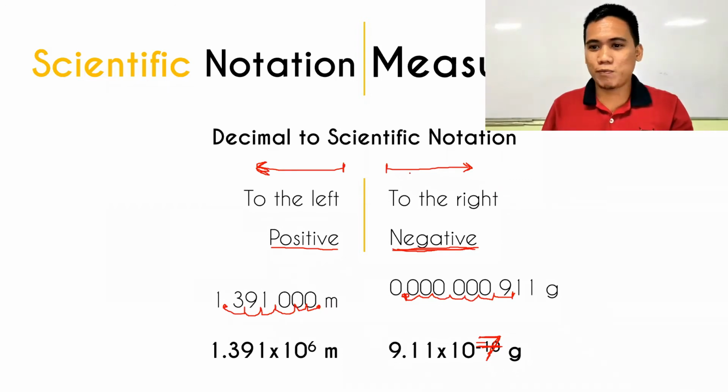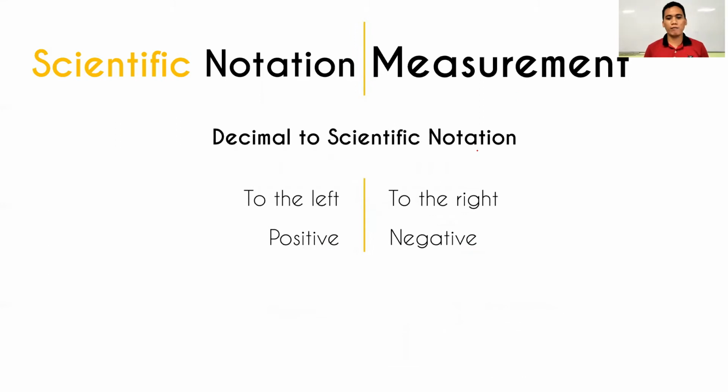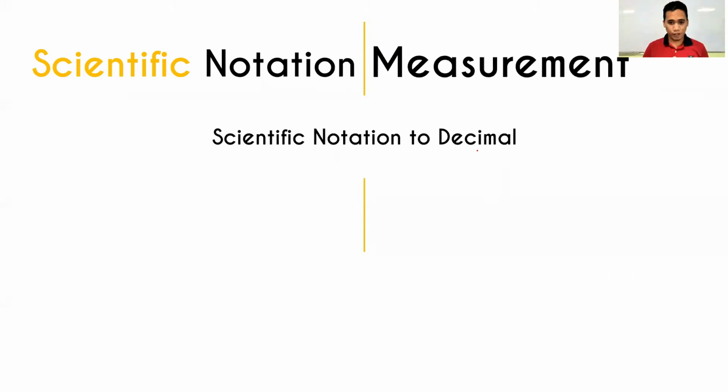Okay. So now let's proceed. Okay. So that is the rule for decimal to scientific notation. This time we'll proceed with scientific notation to decimal. In decimal to scientific notation, the movement of the decimal point from right to left is positive and from left to right is negative.